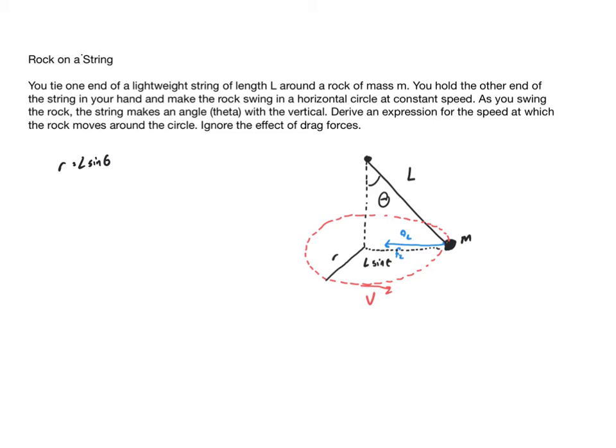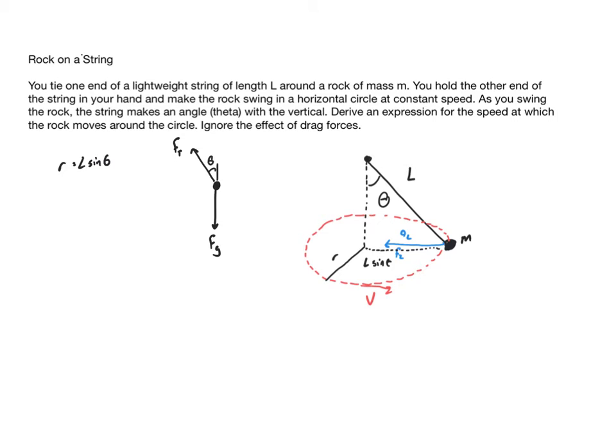Okay, so let's use Newton's second law and try to generate some equations here. So here's my mass right here. And I'm going to have the force of gravity of the rock, let's call that F sub g. We have the tension of the string going off at this angle. I'm going to call that F sub t.